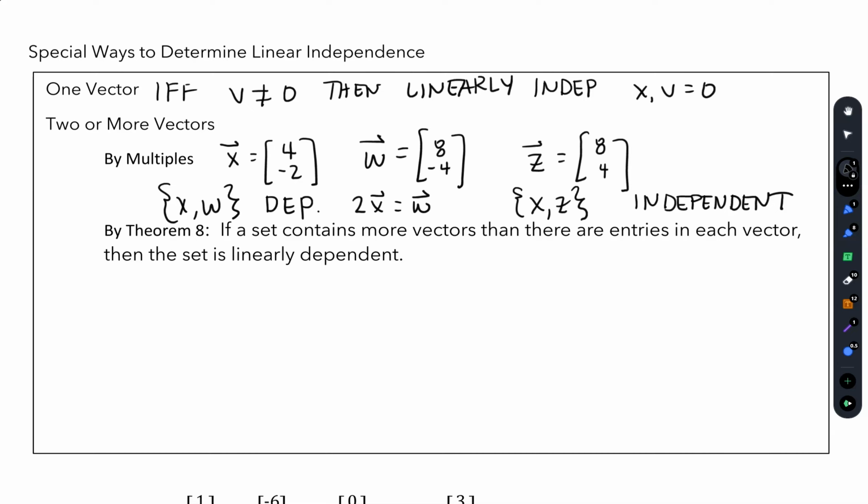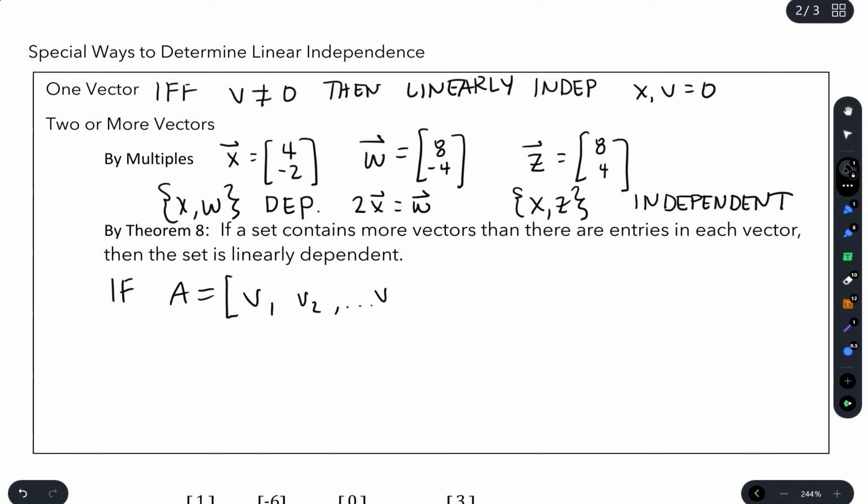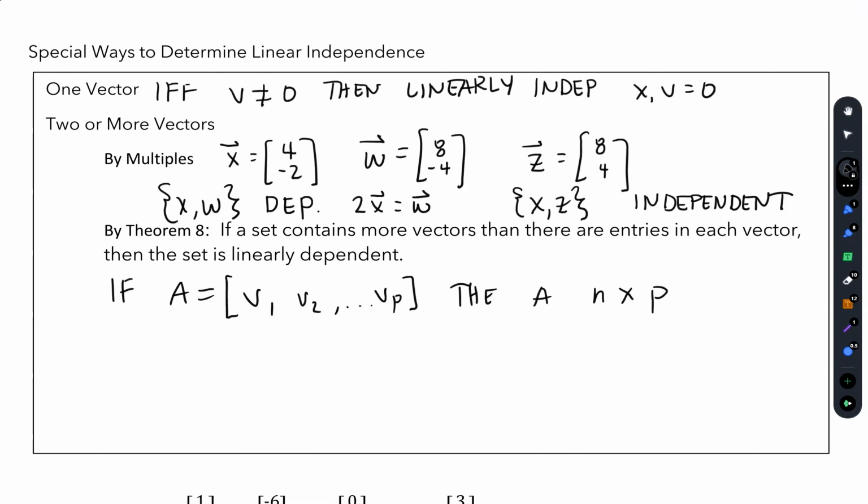Okay, so what does that mean? If we have some matrix A with v1, v2, all the way up to vp, then A represents a matrix that's n by p.